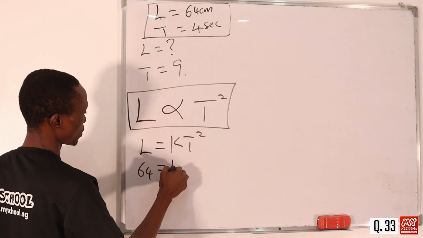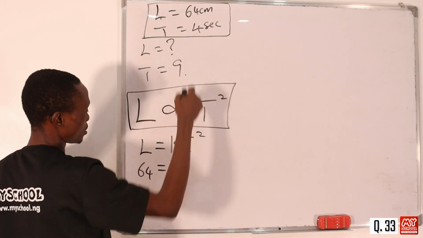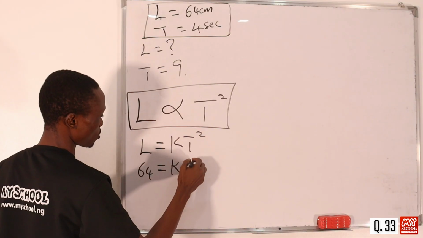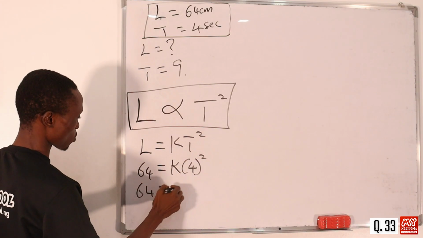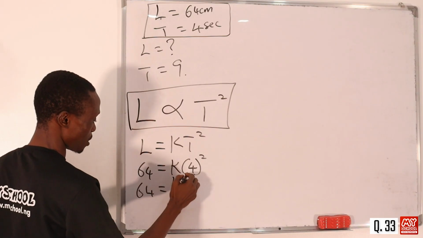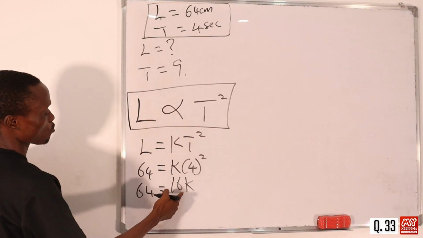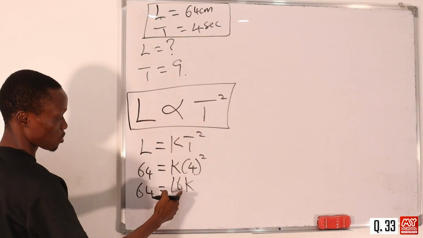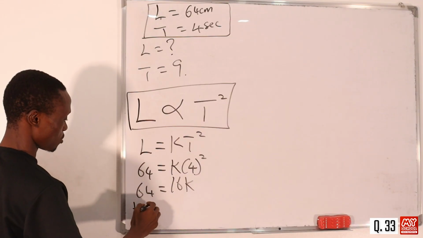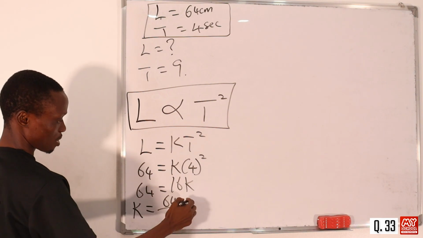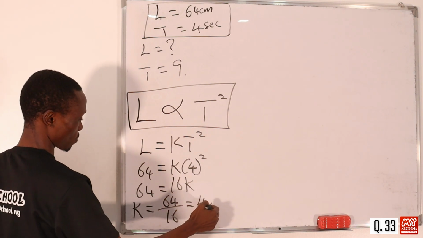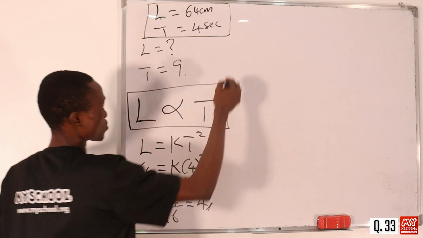This will be equal to K, then our T is 4, which is the period. So you'll be having 4 squared. So 64 will now be equal to 16K. Okay, now since we are looking for the value of K, we divide both sides by the coefficient of K, so that K is equal to 64 divided by 16, and this will be equal to 4. Okay, so the value of K is equal to 4.